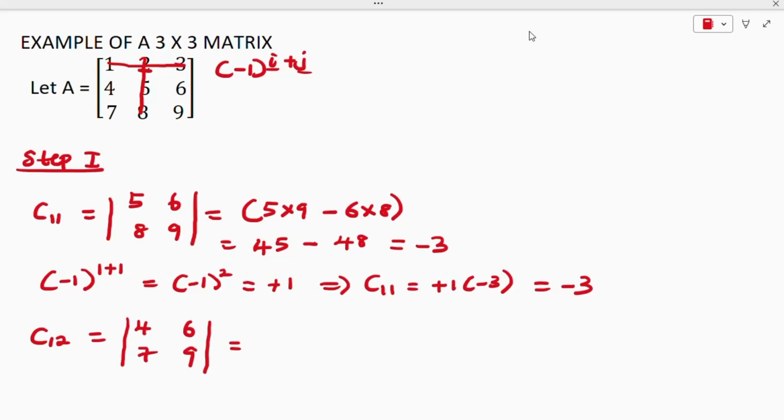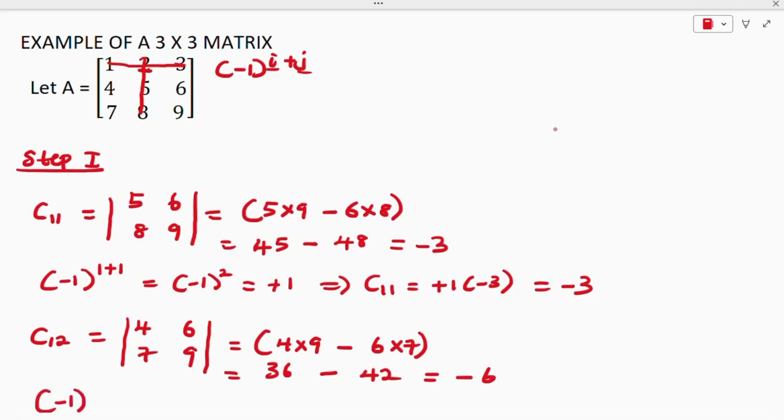We take the determinant, which is 4 times 9 minus 6 times 7. 4 times 9 is 36, minus 6 times 7 is 42, which is minus 6. Now we apply the sign pattern: minus 1 raised to the power of 1 plus 2, which is minus 1 raised to the power of 3, which is minus 1. So C12 is minus 1 multiplied by minus 6, which is 6.